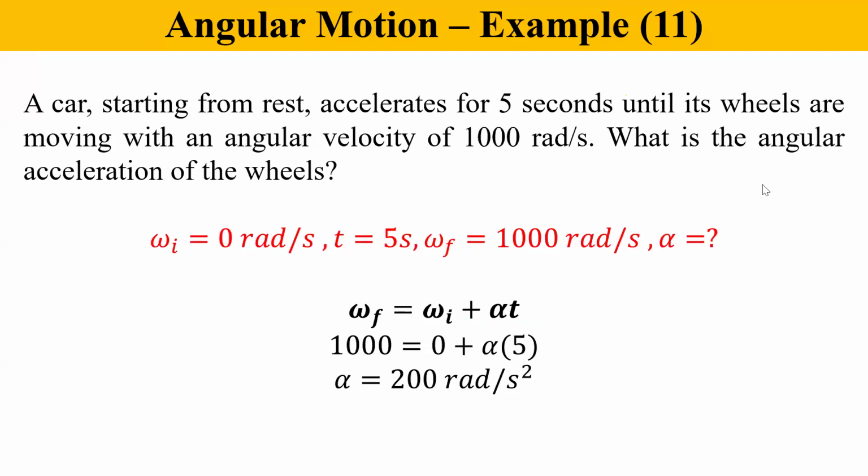It says here now, example 11: a car starts from rest, accelerates for 5 seconds until its wheels are moving with an angular velocity of 1,000 rad per second. So that's the angular velocity. So it starts from rest and it accelerates for 5 seconds.